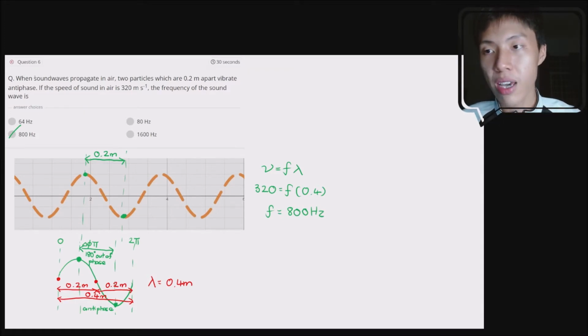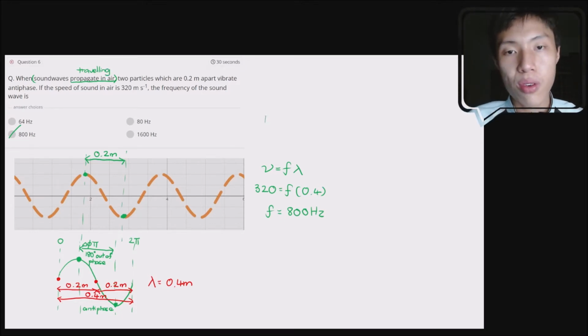What you need to be careful of is that you might be thinking antiphase, standing wave, sound wave. You might be confused whether it's a standing wave or a traveling wave, but you see it propagates in air. Therefore, you have to think of it as a traveling wave. So forget about standing wave for now.